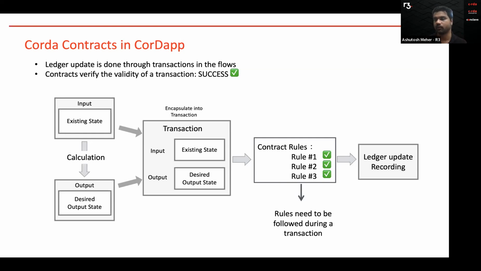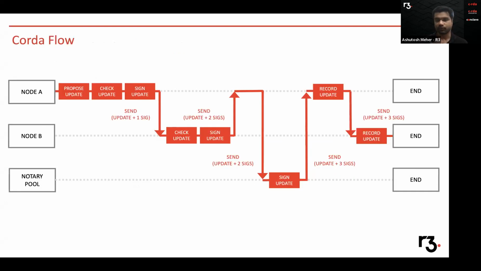Transactions require multiple nodes to interact with each other. So this transaction has to be exchanged between different nodes. All this exchange of information, recording things on the ledger, running the contract rules, and all the steps that I talked about will be part of your flow. All these will be written as part of the flow, and then once you want to run this particular transaction, you just trigger that flow, and all these steps will be taken care of. So that's how your transaction works.